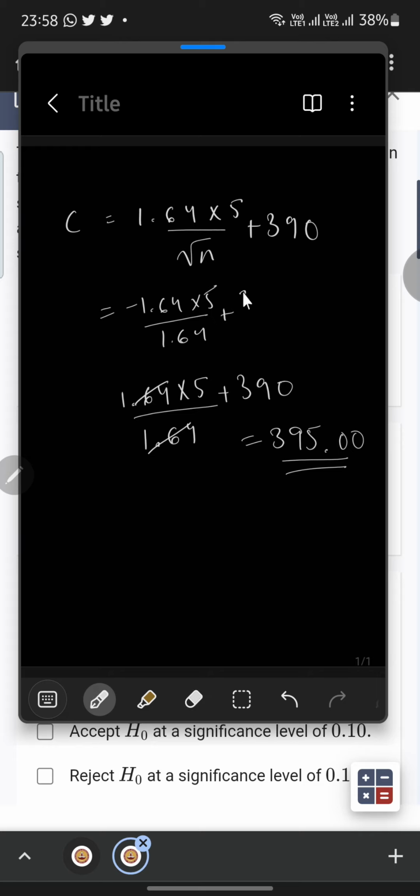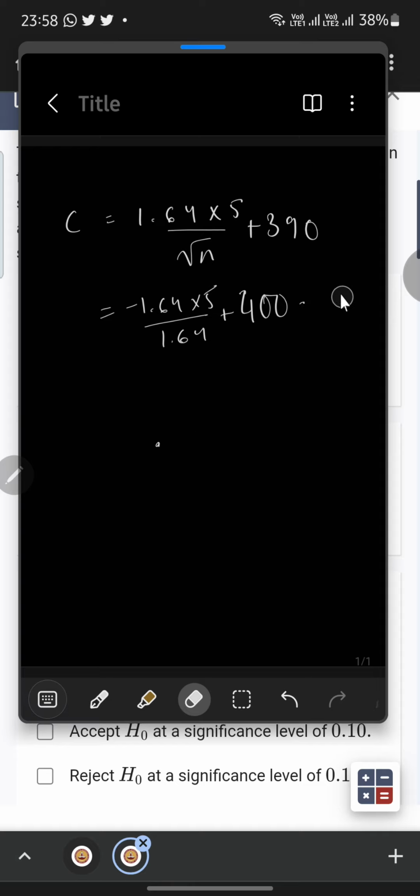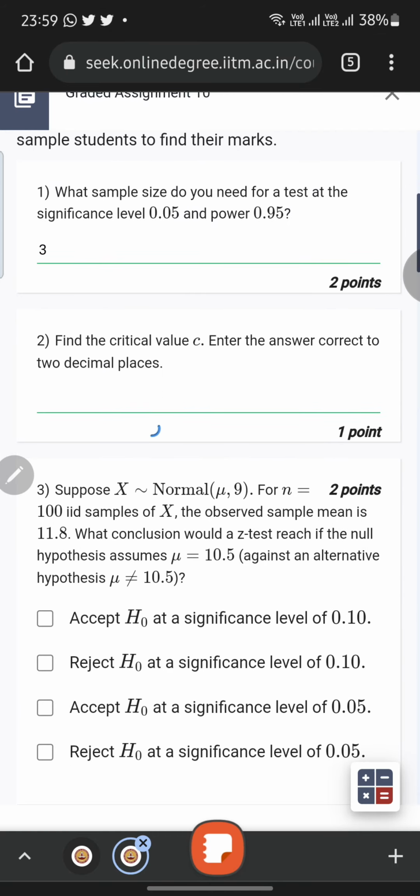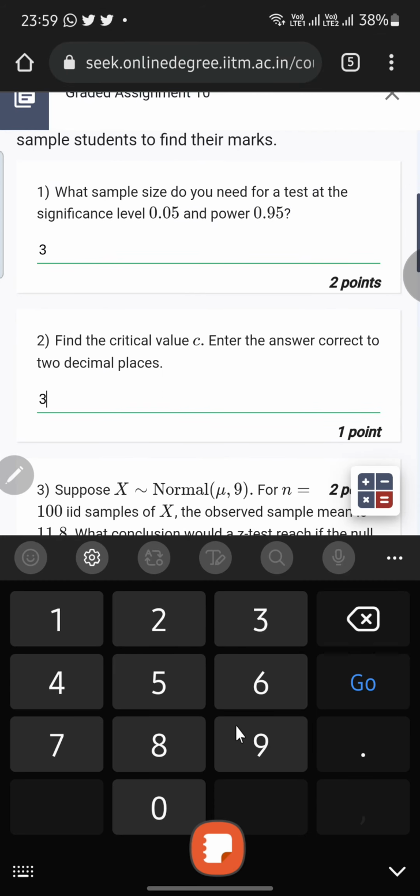This also gives the same answer, which would be 395. So yeah, answer is 395. This may sound pretty confusing, but you can just write 395 here. So the answer here would be 395.00.